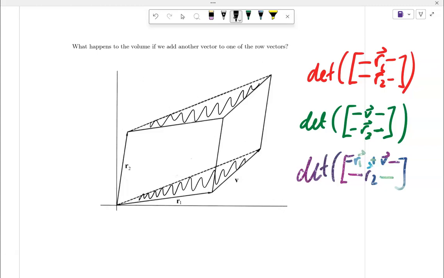What should be true if I add the R1 and R2 parallelogram, and the R2 and V parallelogram, to the big parallelogram? Or sorry, relative. Try that again. If I take the two smaller parallelograms, what's the sum of those two things in terms of area going to be relative to the big parallelogram? Yeah, they should be equal, right?